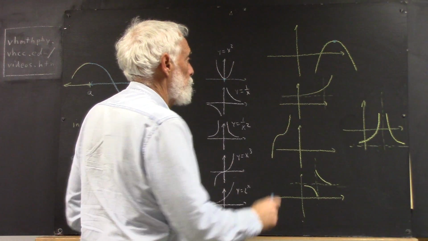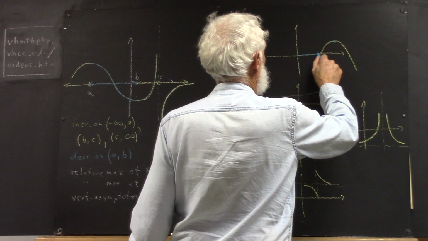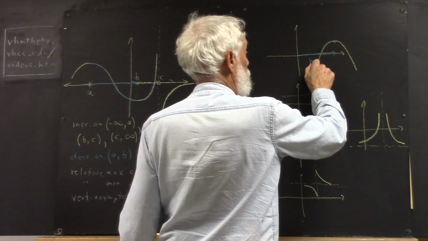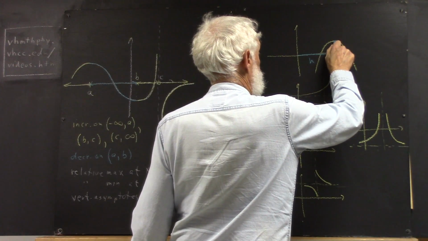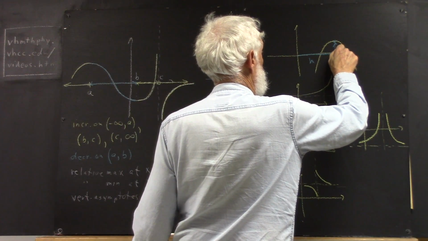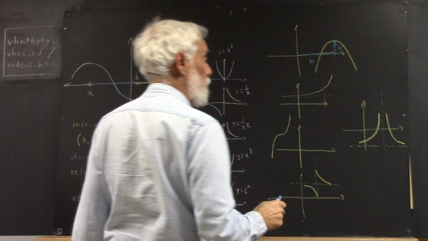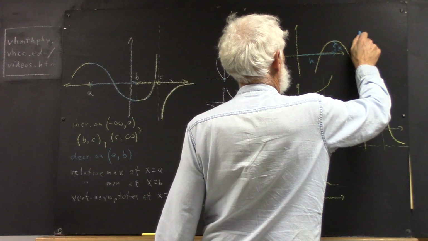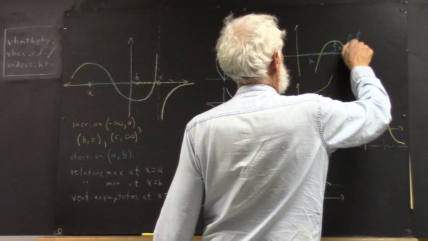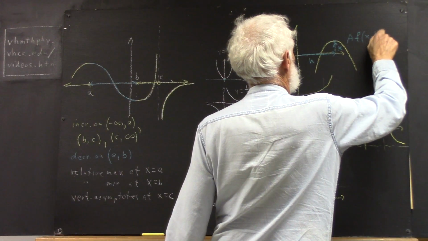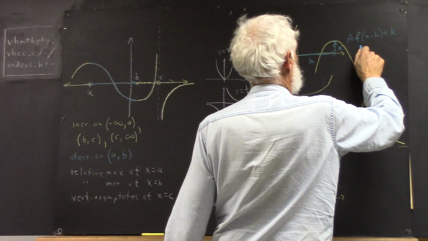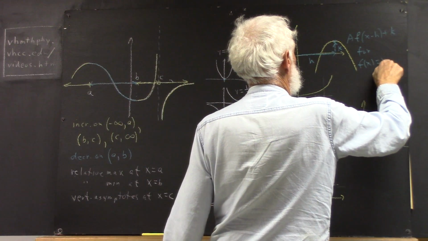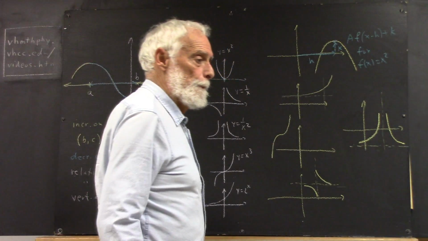The vertex on this one is here, so it's pretty clear that we have to move it over this far, so there's the h. And then we got to move it up here, and here's our k. So this would be a f of x minus h plus k for f of x equal x squared.